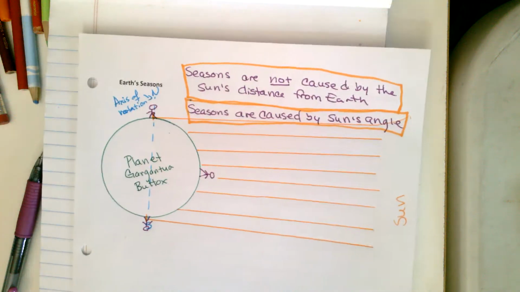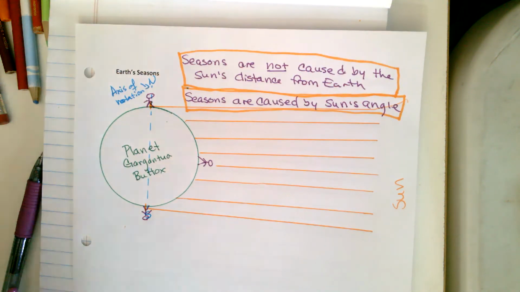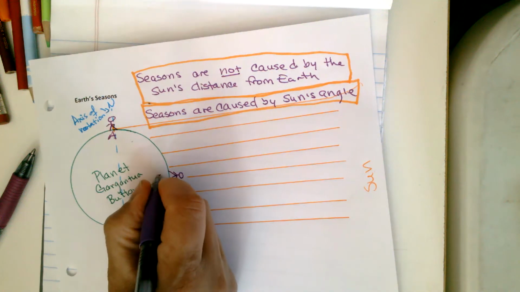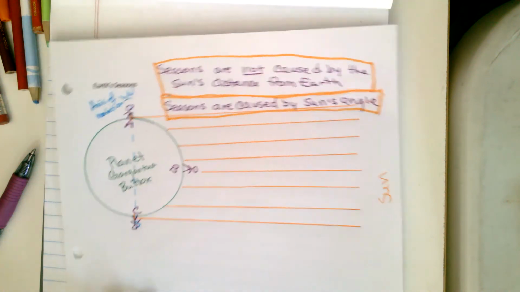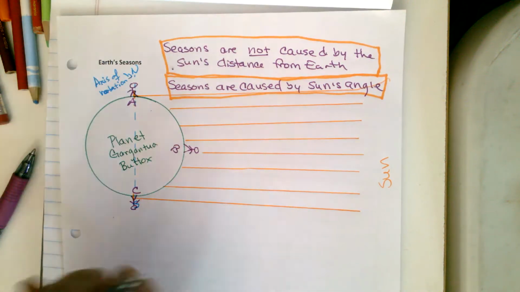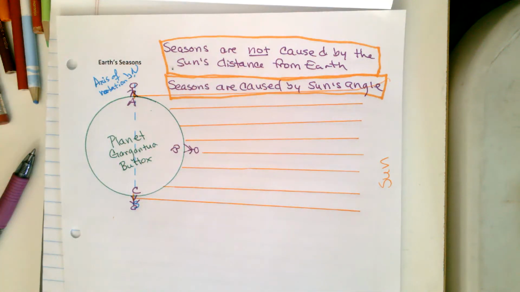Okay? And for each of these Elliotts, we're going to label them Elliott A, Elliott B, and Elliott C. Now, what do these Elliotts actually see from these positions? These observer Elliotts all the way around the edge of planet Gargantua buttocks.